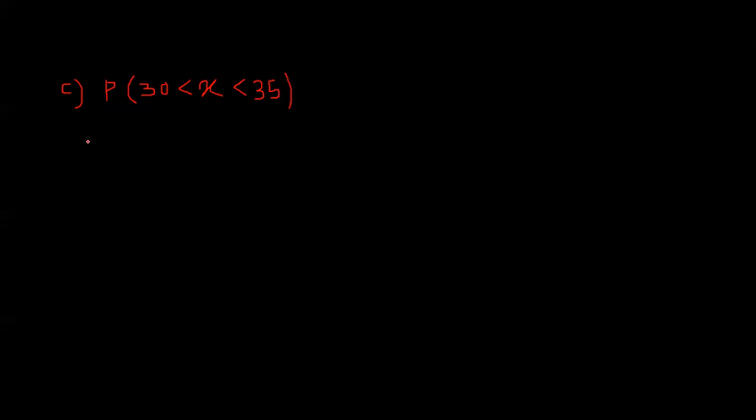So when you convert into the formula of P, remember again, the formula to get the Z score is X minus mu divided by sigma. So now, X value is 30.